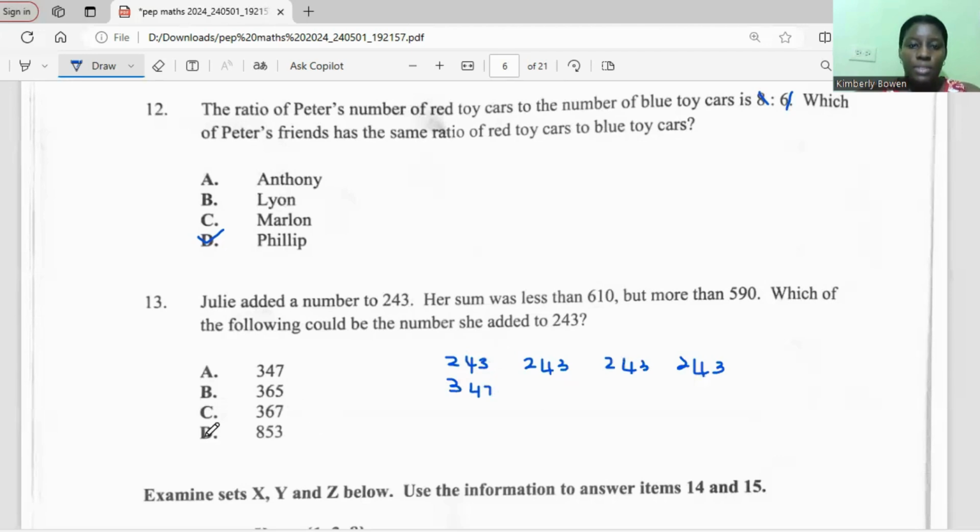I don't have to do this one. I know this one is way out of it. But the number itself is more than 610. So I can actually erase this last one. I'm not going to do that.